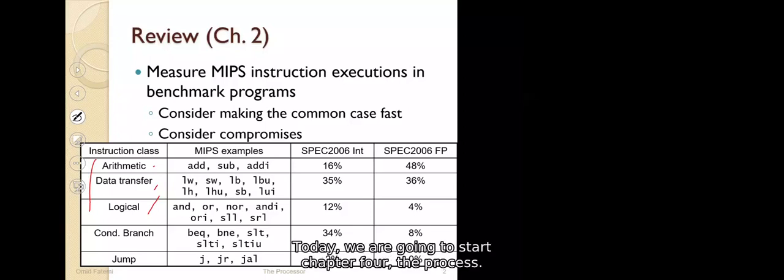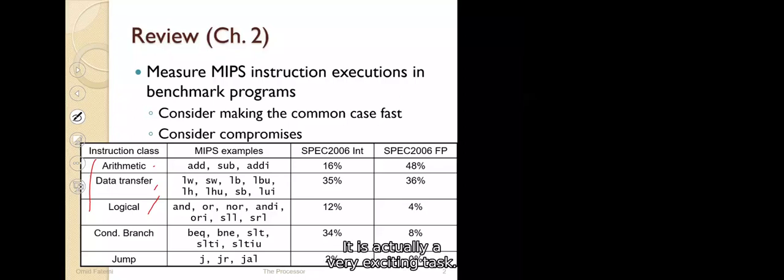Today we are going to start chapter 4, the processor. Now it is time for us to build the processor. We have built the instruction set. We know how the instruction set architecture is. Now we are going to build a machine, a CPU, a processor, to be able to execute those instructions.